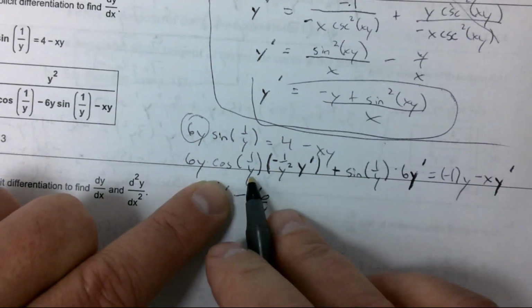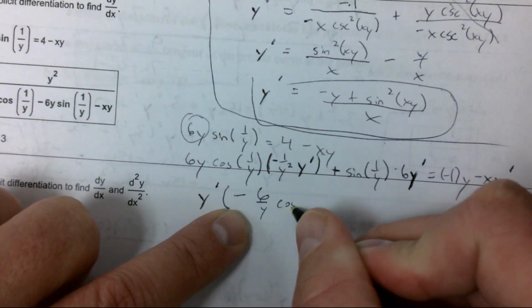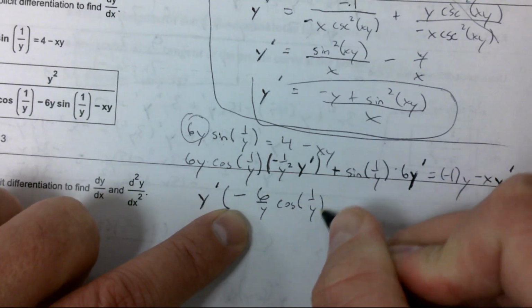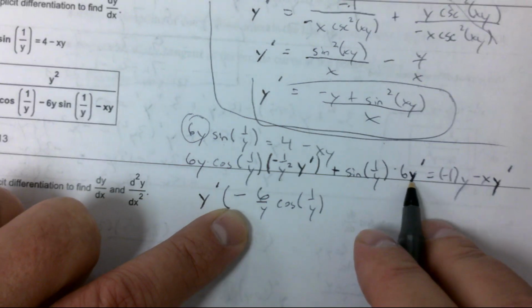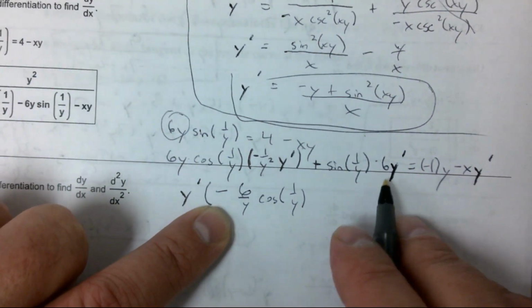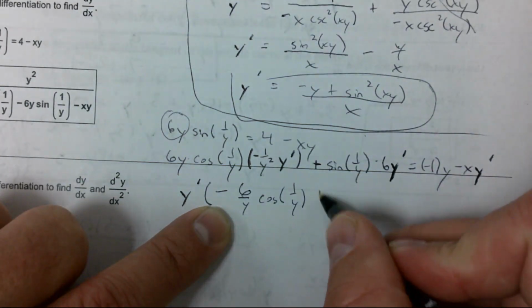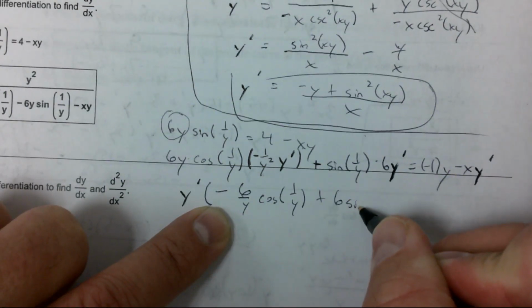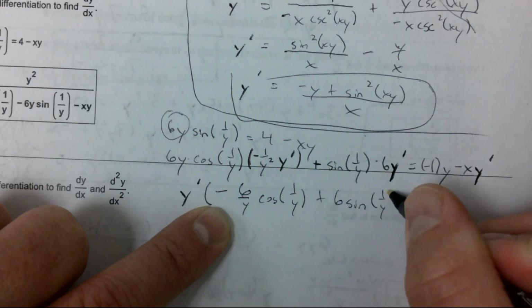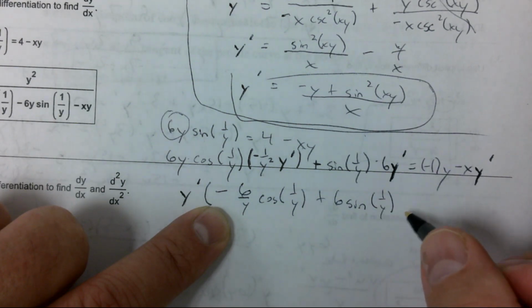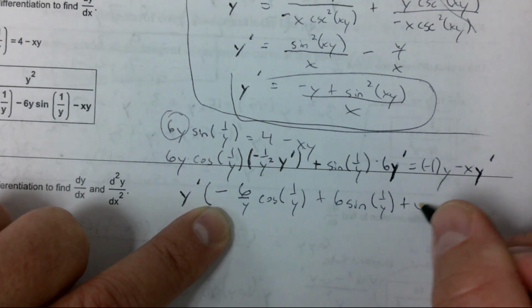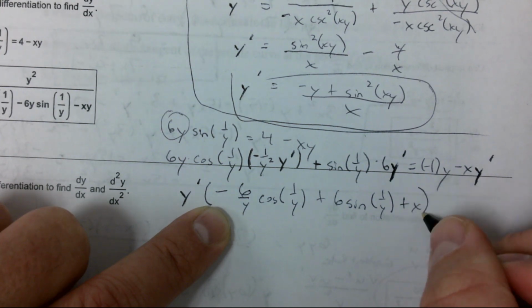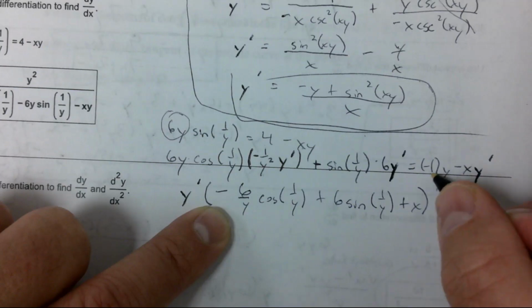And then we have our cosine 1 over y. Then for this part, when we're factoring out the y prime, we just have a 6 sine 1 over y. And let's go ahead and bring the y prime term over. And when we do that, we're ending up with plus x. And then just keep this as negative y.